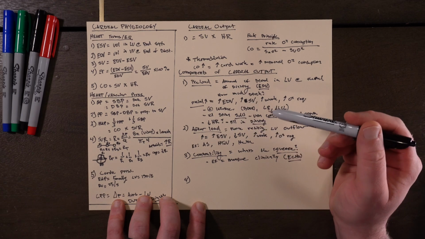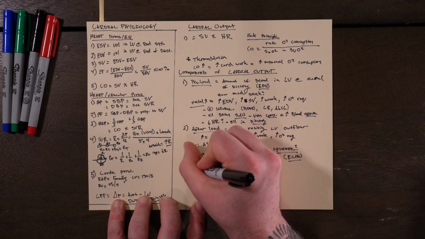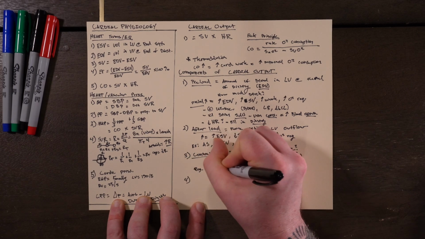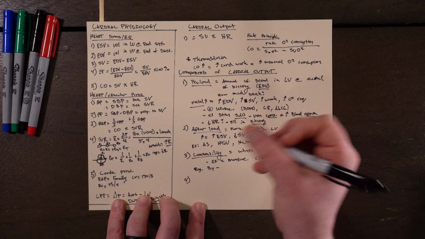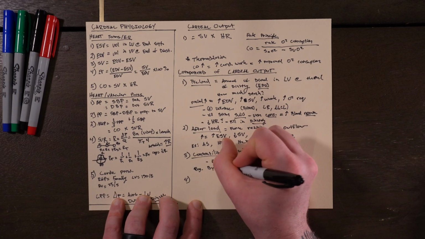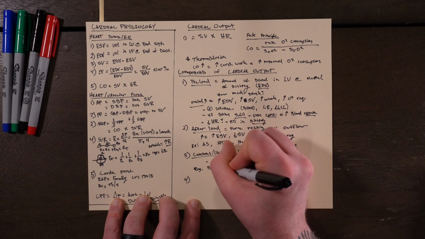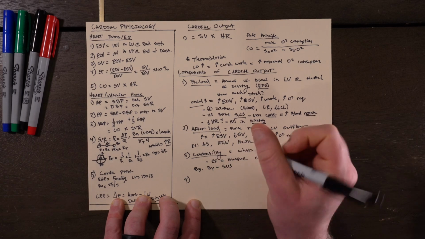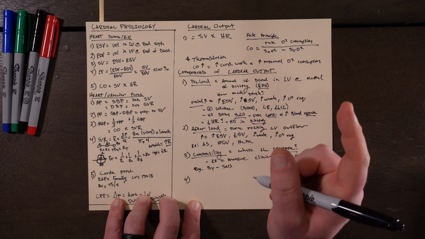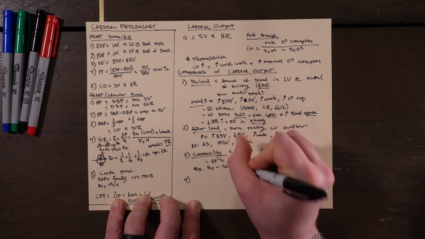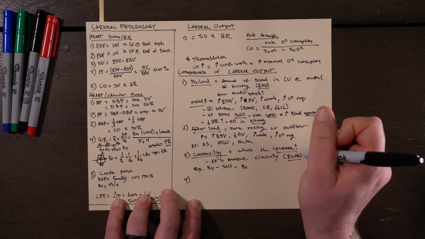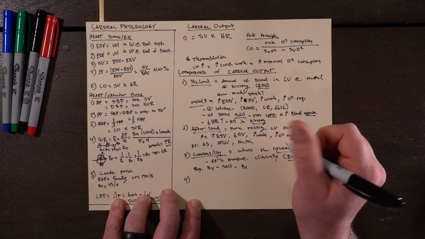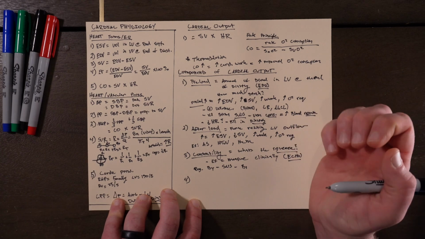Now, contractility is regulated by a few things, okay? It's regulated mostly, and the most important one is going to be the sympathetic nervous system, right? So the sympathetic nervous system innervates on beta 1 receptors, right? That beta 1 receptor, when it's stimulated, is going to increase the contractility.